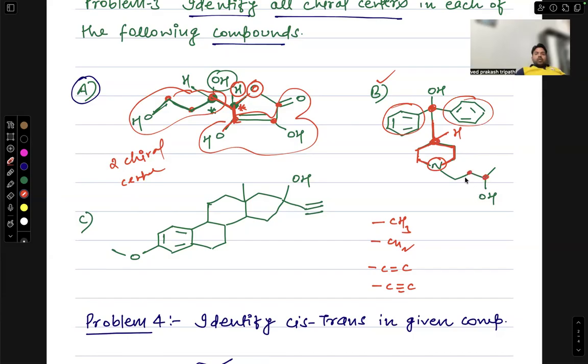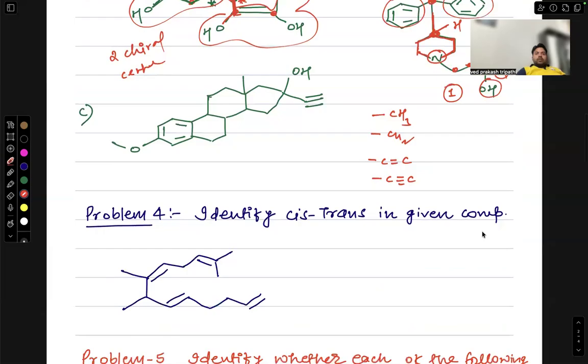We don't have to check over here and here because this is CH2, CH2. This is CH3, this one is a hydrogen. So CH3 is different, H is different, OH is different, and this chain is different. So this one is chiral. So we have one chiral center. Make sense? Please tell me it makes sense. Perfect. Try C.